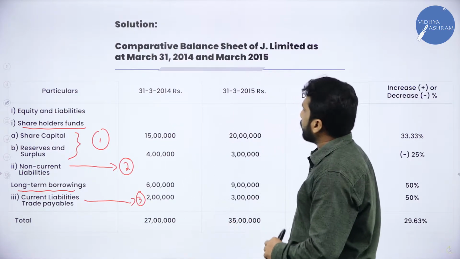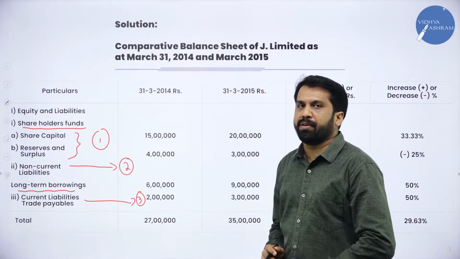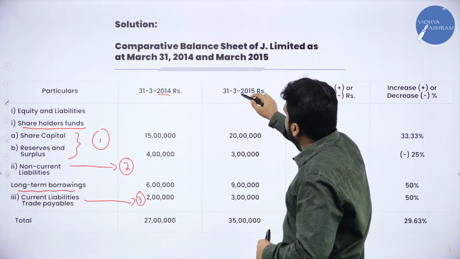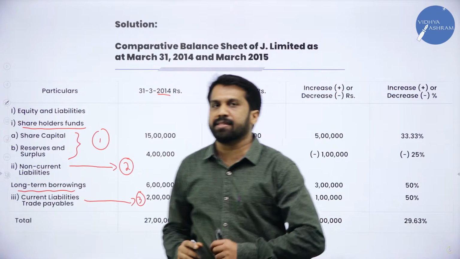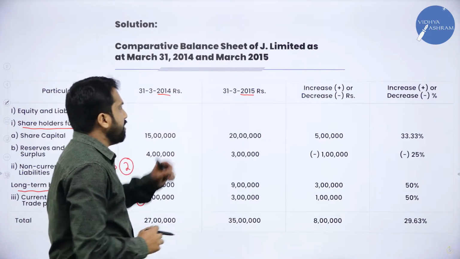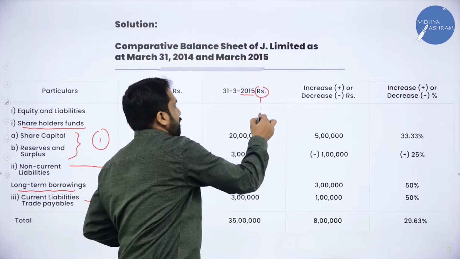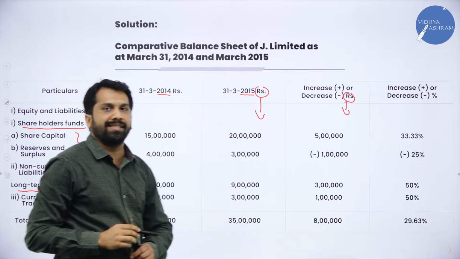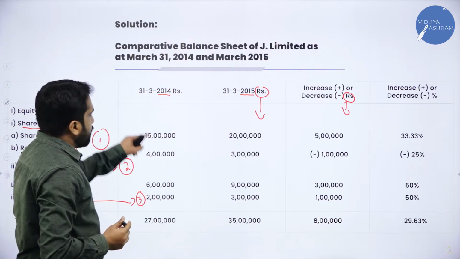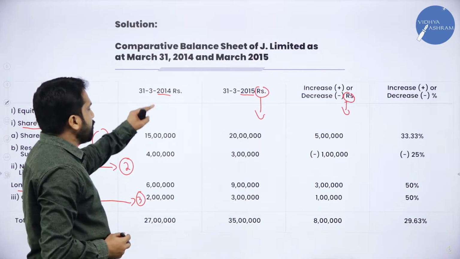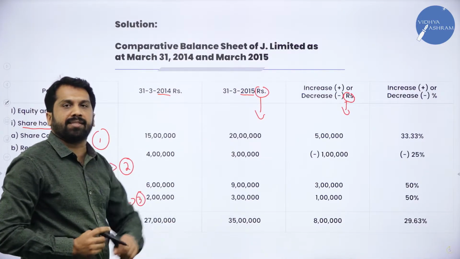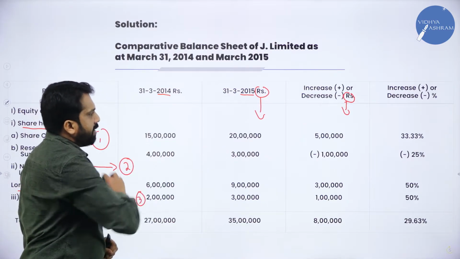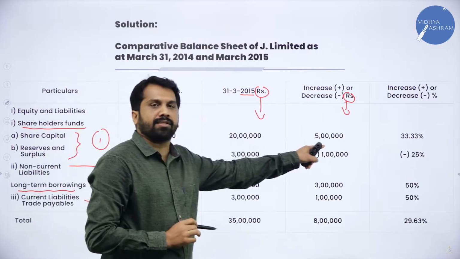Now, whatever given in the question paper, as I told you, we should consider 2014, then we should come for 2015. Why this symbol rupees means all the amounts are in rupees. Now, so these are the information we have, 2014 and 2015. Now, 15 lakh minus 20, your answer is how much?